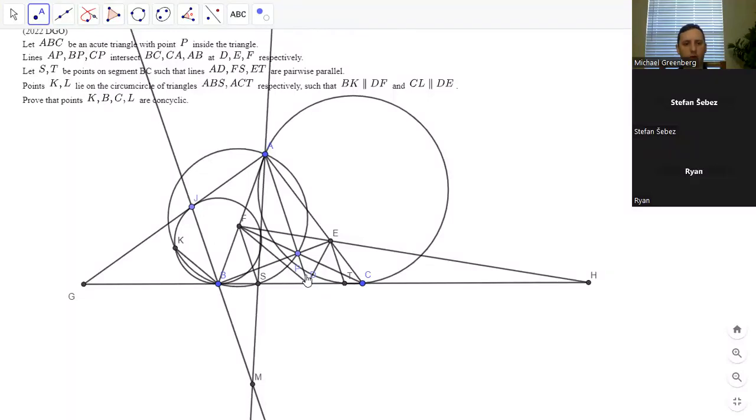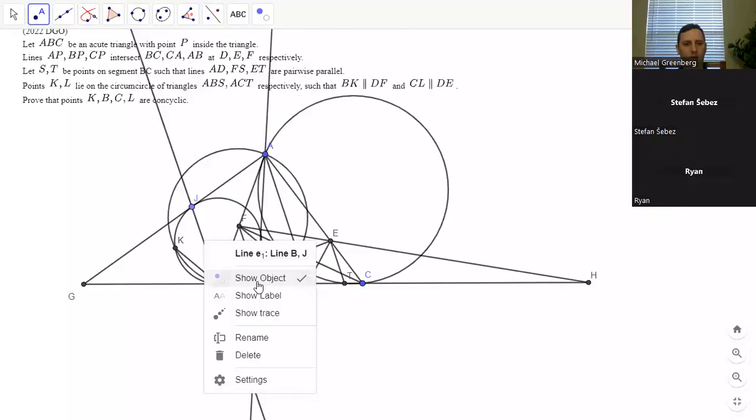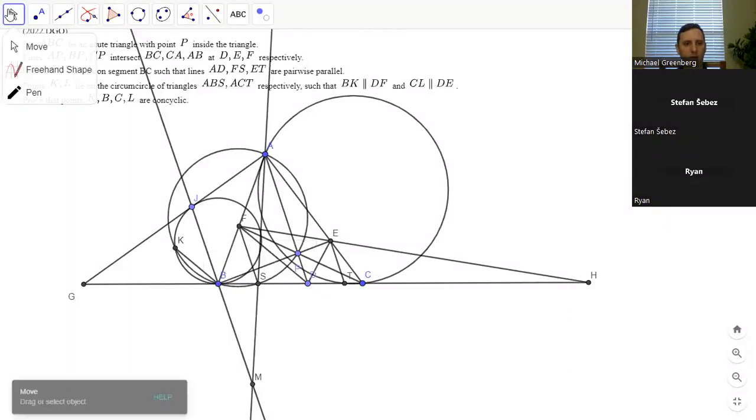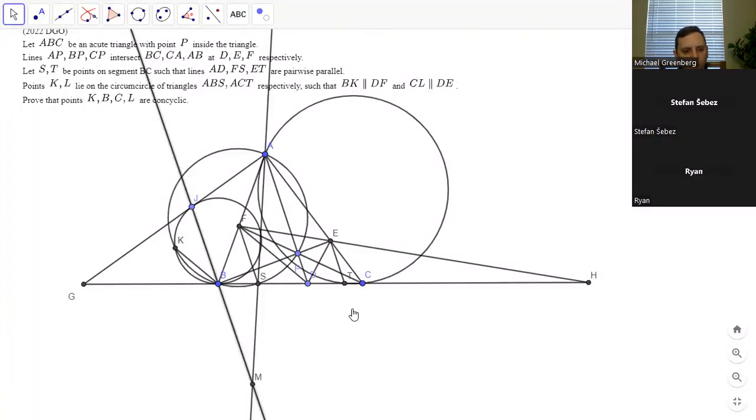Basically, you have that symmetry, and we want to show that the circle JKB is tangent to both of those lines. You mean JKB? Yeah, JKB. In order to do that, we would have that AJB is JKB.